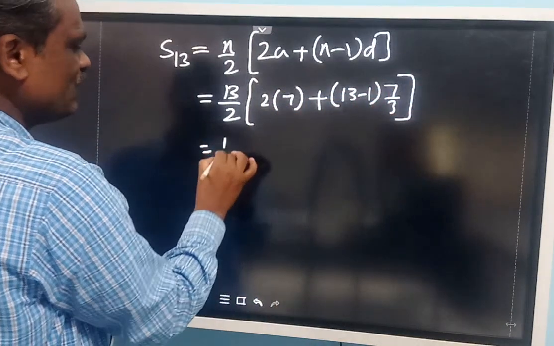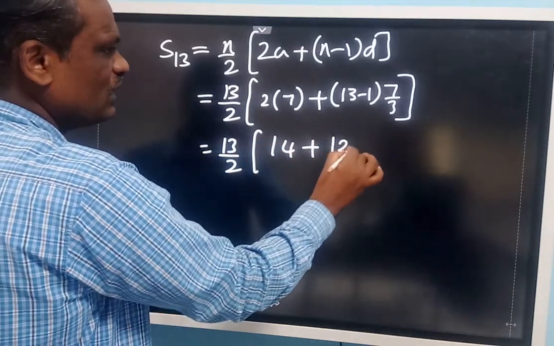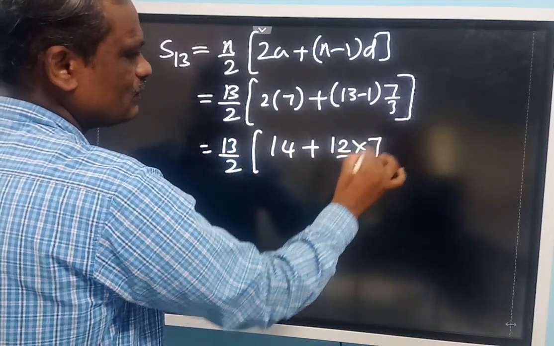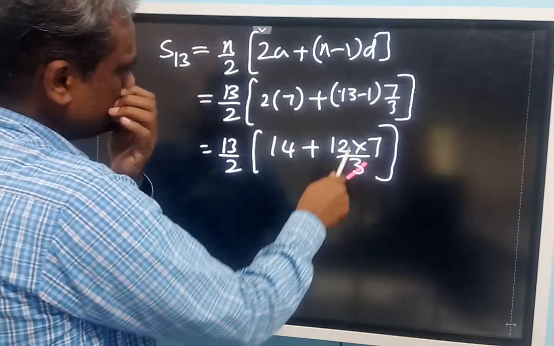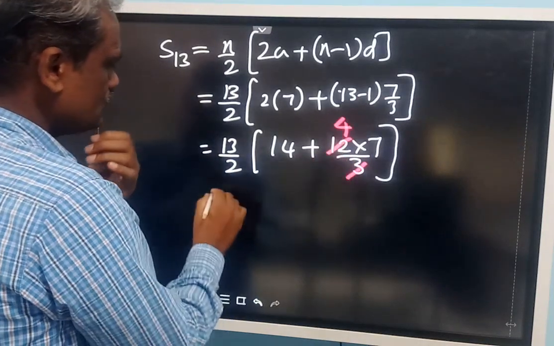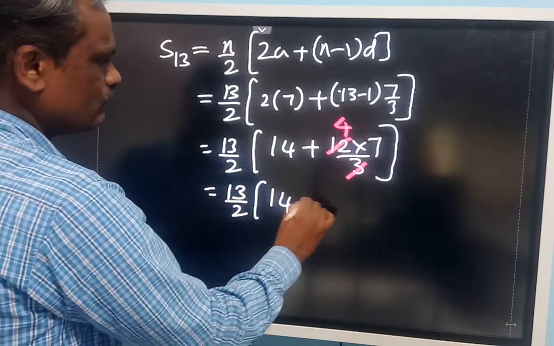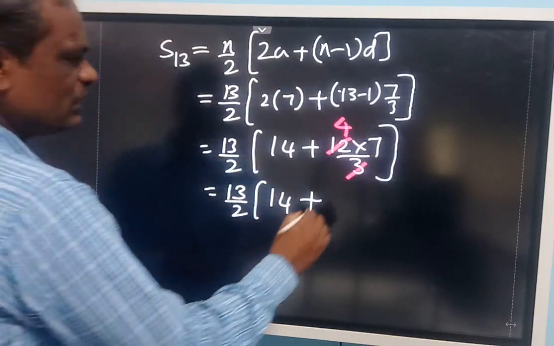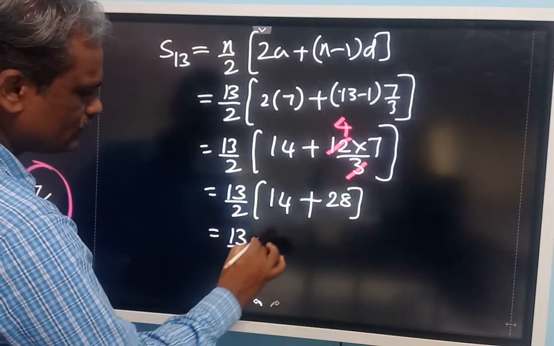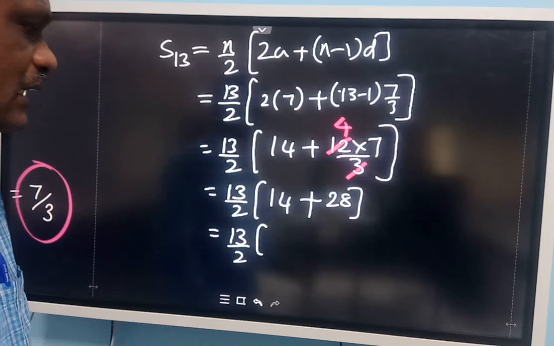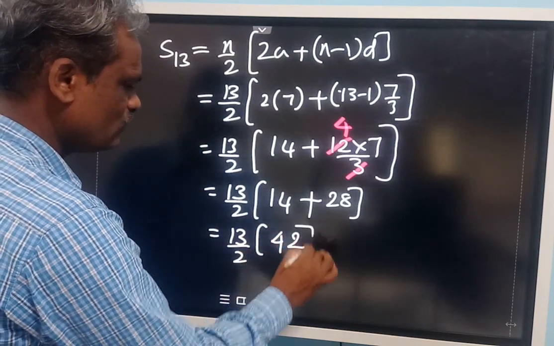So now 13 by 2, 2 sevens are 14 plus 12 into 7 by 3. 13 minus 1 is 12. So 3 fours are 12, and 4 sevens are 28. So 13 by 2 into 14 plus 28, which is 42.